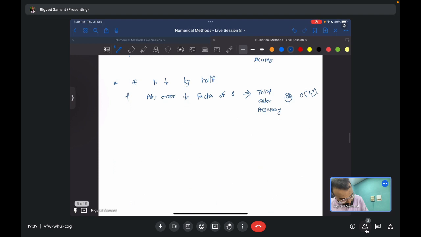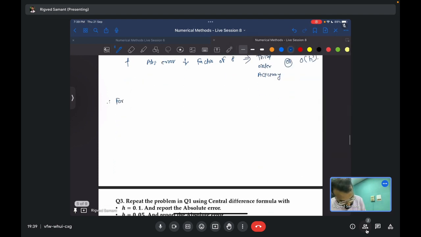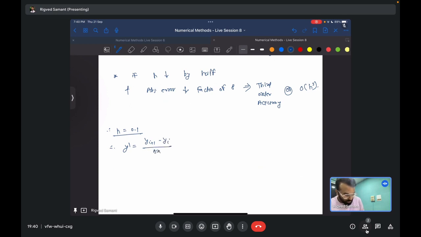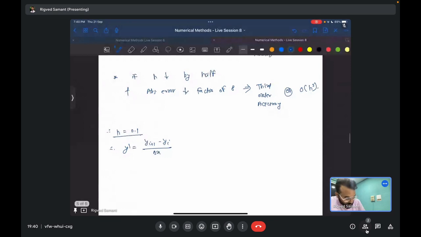Therefore, h is equal to 0.1. What is the formula? y dash is equal to (y_{i+1} minus y_i) divided by delta x. Now what is y_{i+1}? For this, x is equal to 1.6 plus 0.1, right?